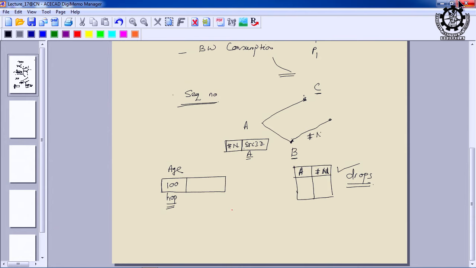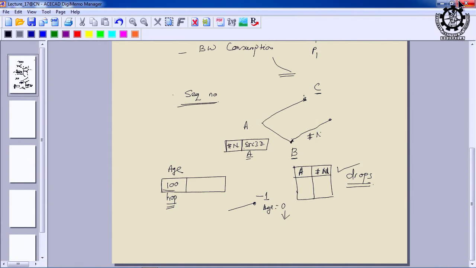Every time the packet visits a node, the age is decreased by 1, and finally, when the age reaches 0, the packet is dropped. That is another way of damping the flooding, or reducing the number of flooding packets in the network.